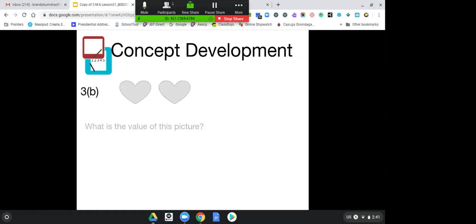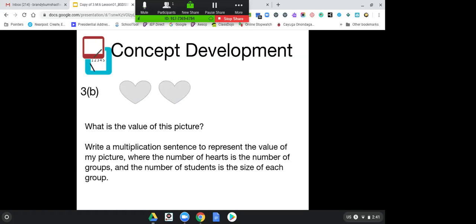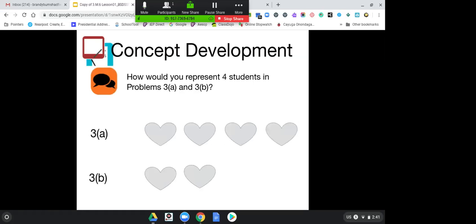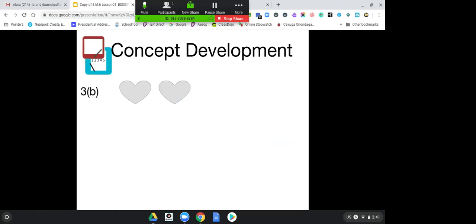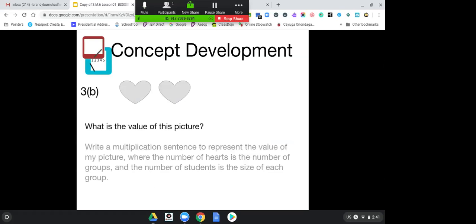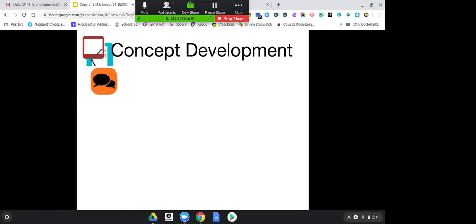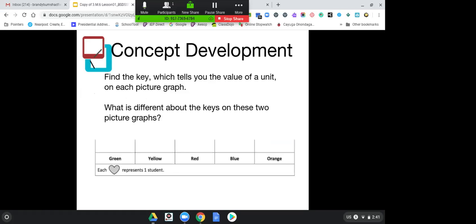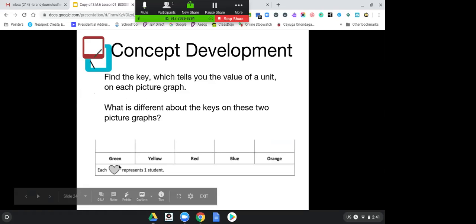If one star or one heart equals one person, 3A would be 4 students, 3B would be 2 students. Unless each star or heart equaled 2. So that would be 2, 4. So you've got to always look at the key that they give you right here, the key.